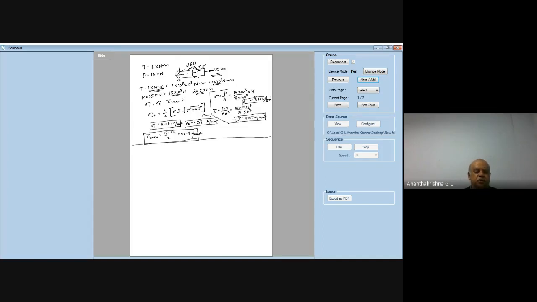Determine the nature and magnitude of stresses at critical points. Please note down this sketch.